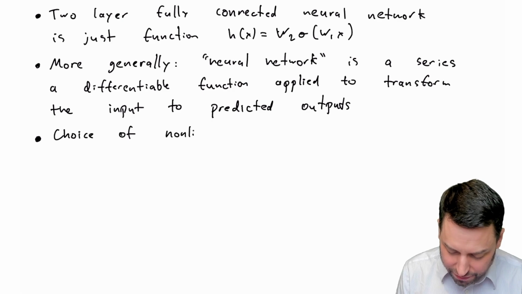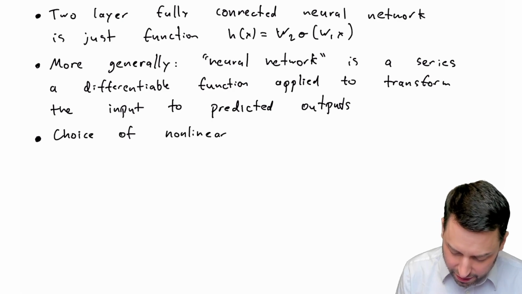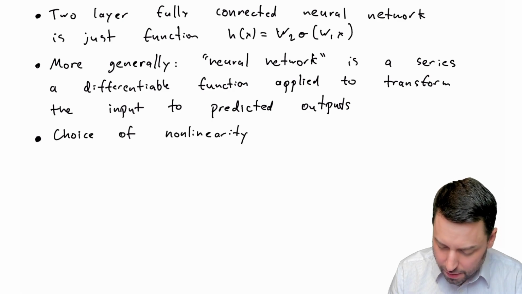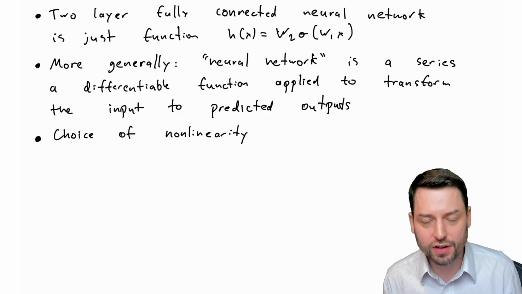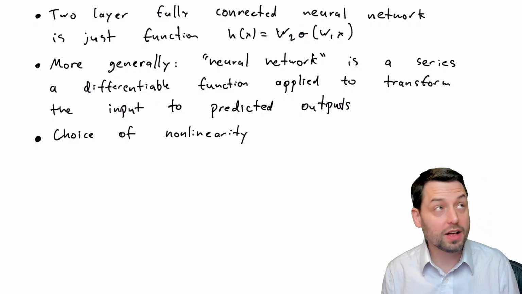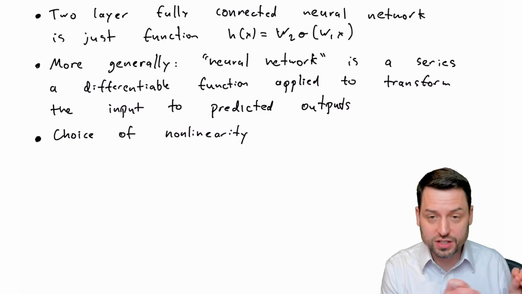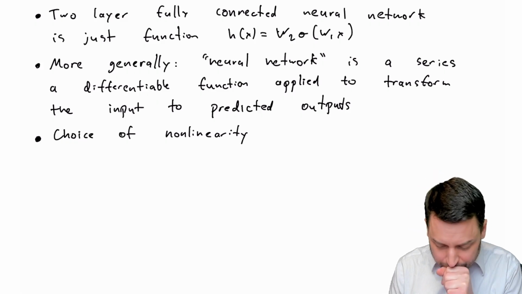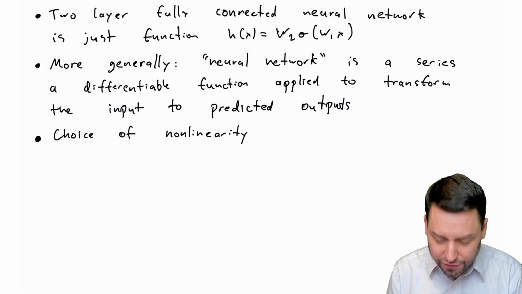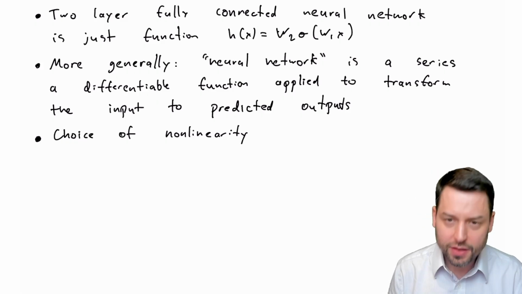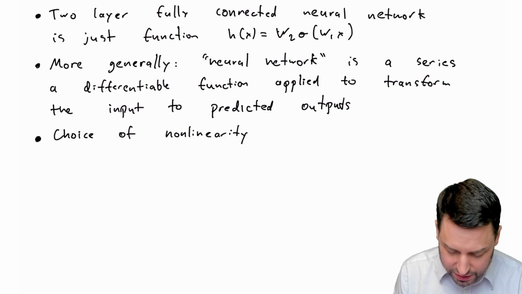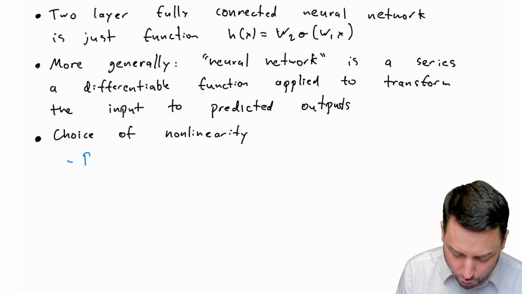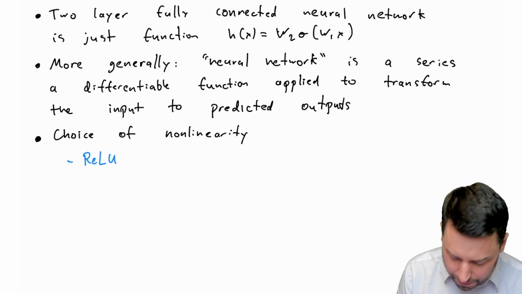Because I've defined this sort of thing as some nonlinear function applied element-wise to its input, I just want to define a few possible choices there that are rather common. One of the more common choices that people use is called the ReLU nonlinearity.